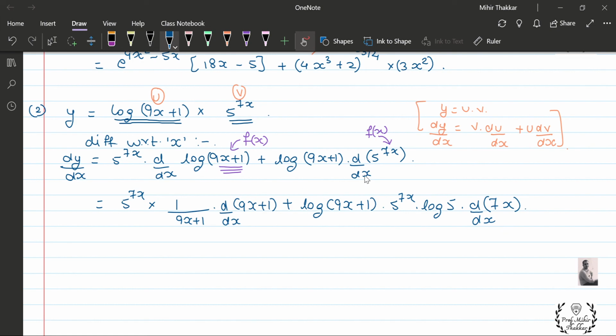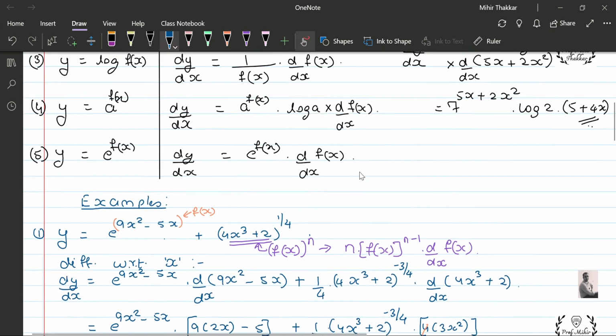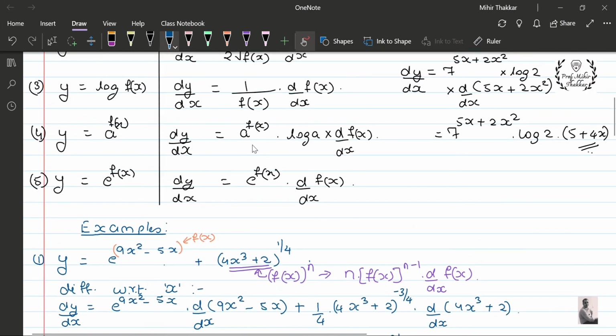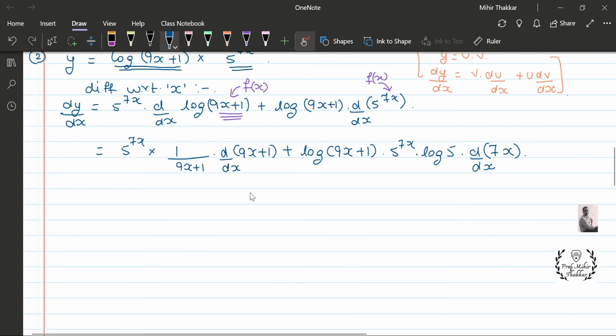This is a raised to f(x), and the derivative of a raised to f(x) is a raised to f(x) log a multiplied by the derivative of f(x).